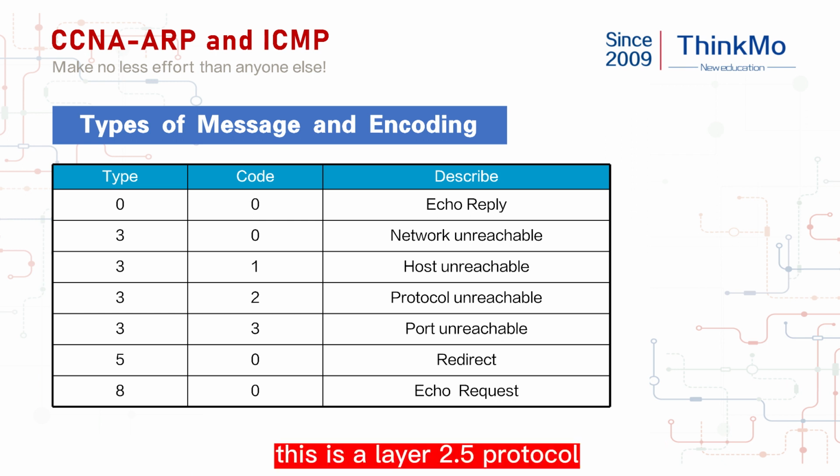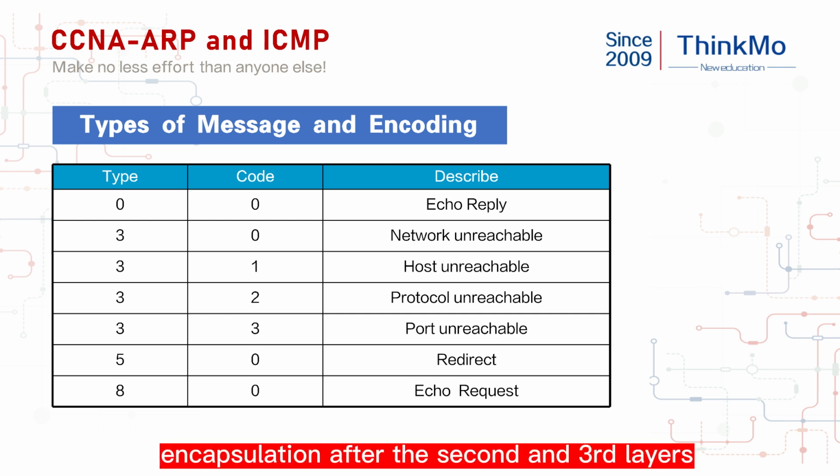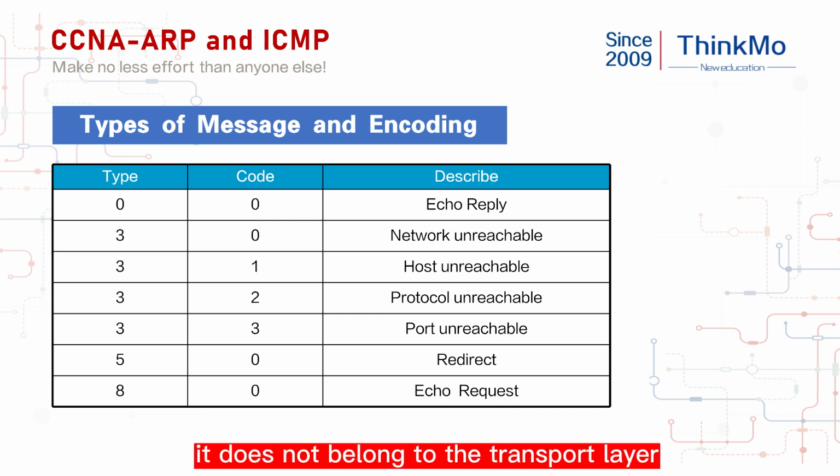ARP is a layer 2.5 protocol. ICMP is encapsulation after the second and third layers. We call it encapsulation based on the network layer, also known as working above the network layer. It is a layer 3.5 protocol. But strictly speaking, it does not belong to the transport layer.